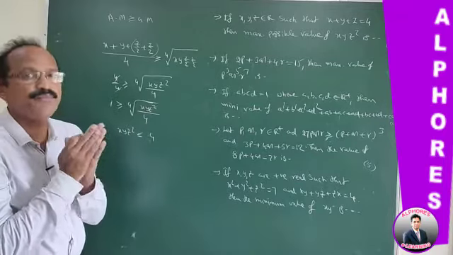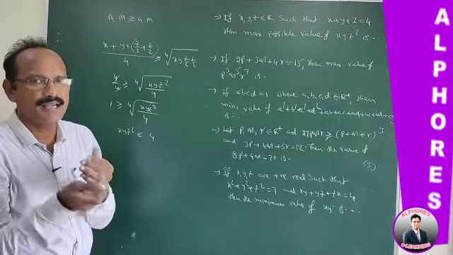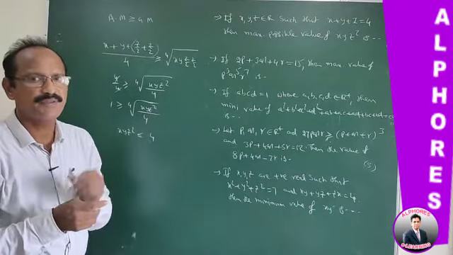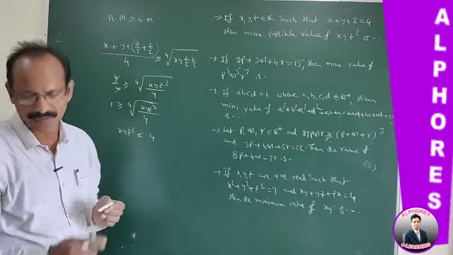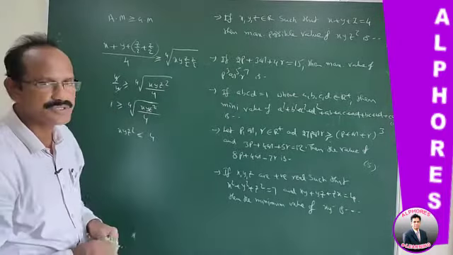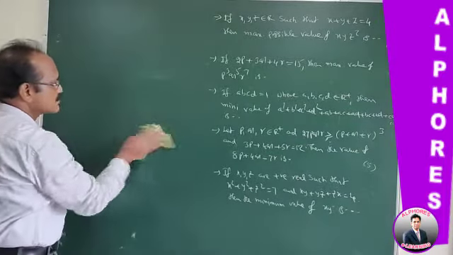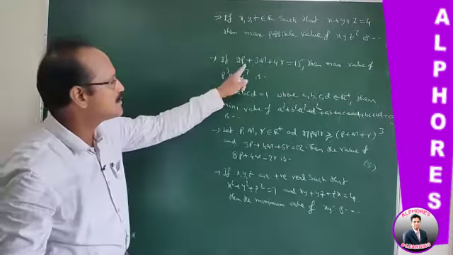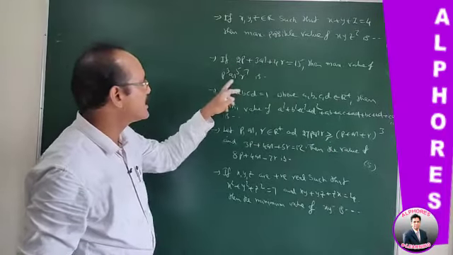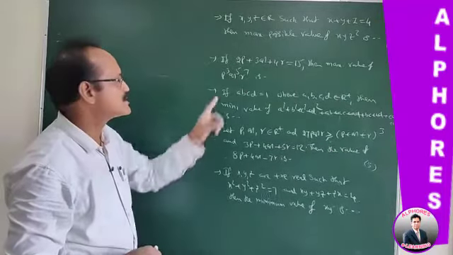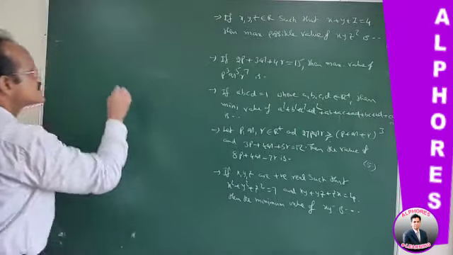So when the sum is given and you have to calculate the maximum value of the product, use AM greater than or equal to GM. Next, coming to the second question. In the second question also, that is a weighted mean concept. The sum is given, you have to calculate the product, and I am applying the same concept.